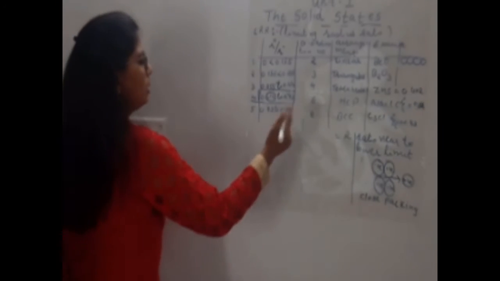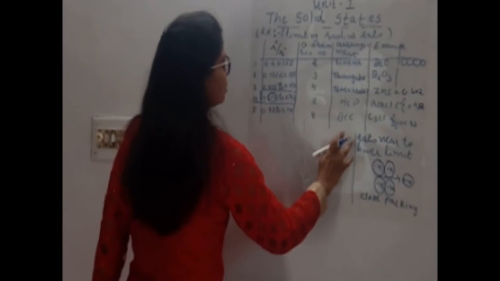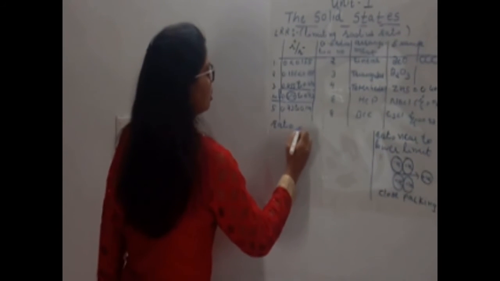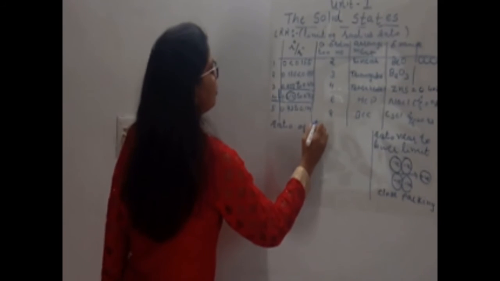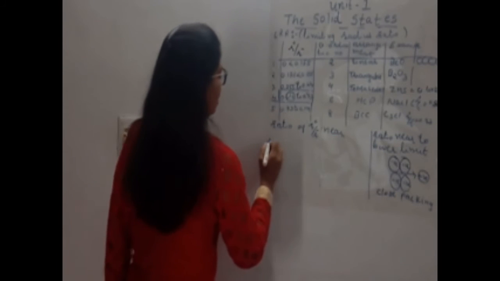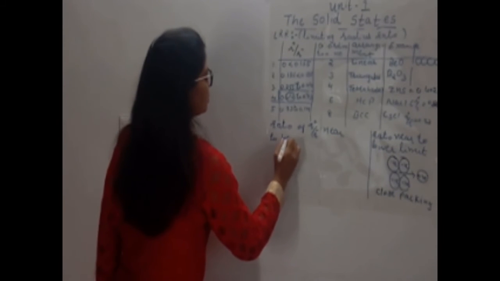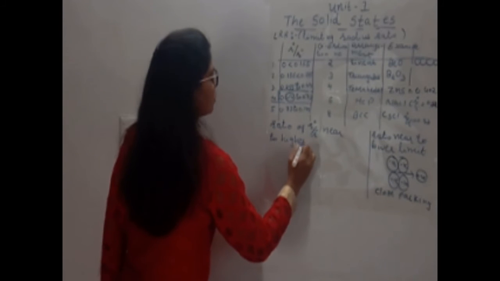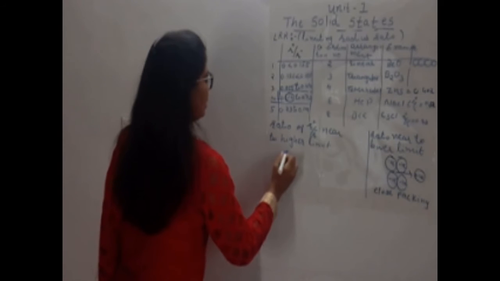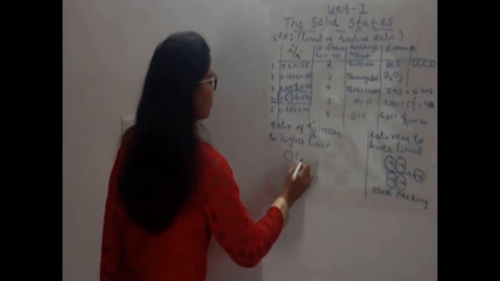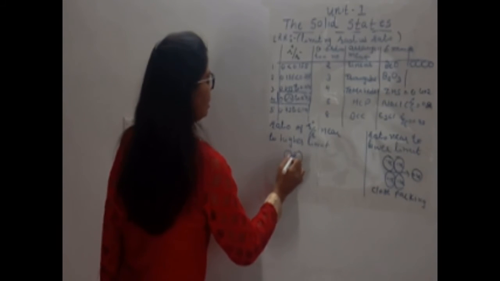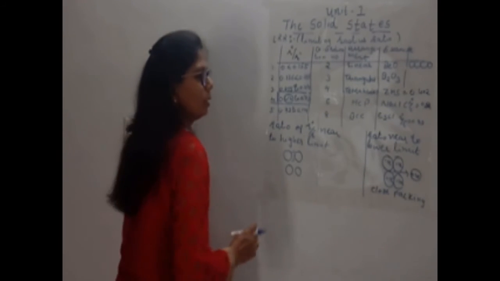So when the ratio of R plus and R minus is near to the higher limit, then the arrangement of units is a little farther from one another.